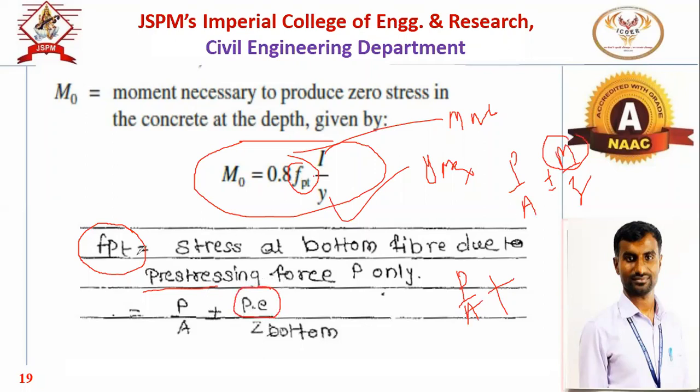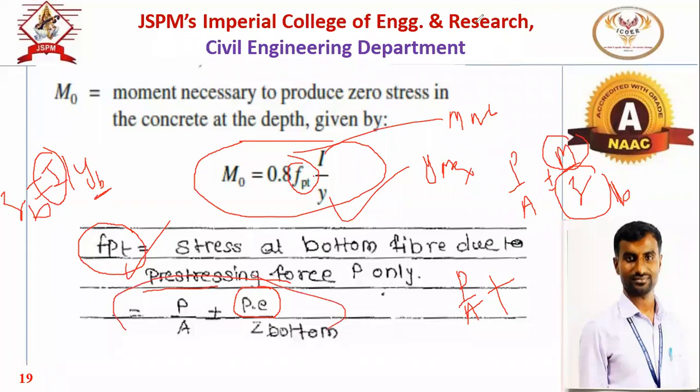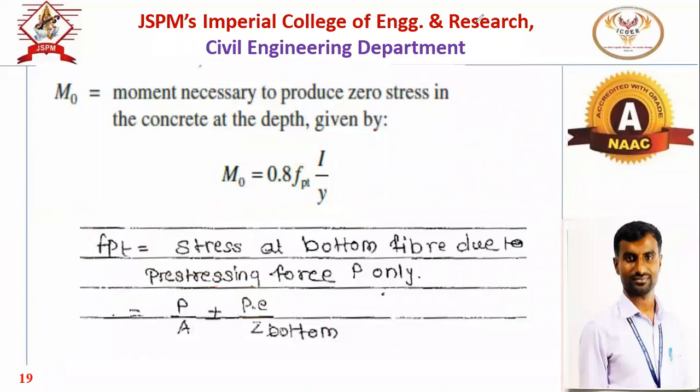As we have to find this stress at the bottom, Z also we have to find at the bottom. Section modulus at the bottom is given by I by Y. The moment of inertia will be the same, but the centroid we consider is YB, the centroid from the bottom. From this, we get the stress at the bottom, P by A plus M by Z, where M is P into e.